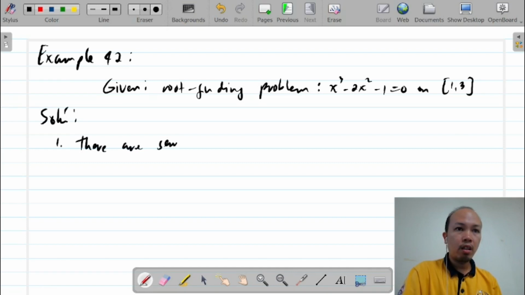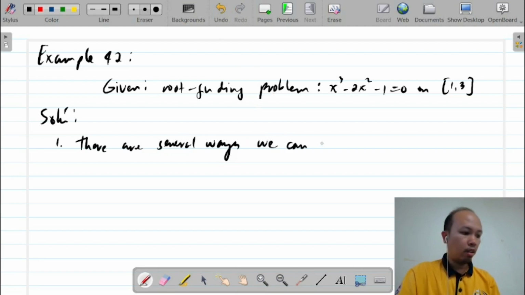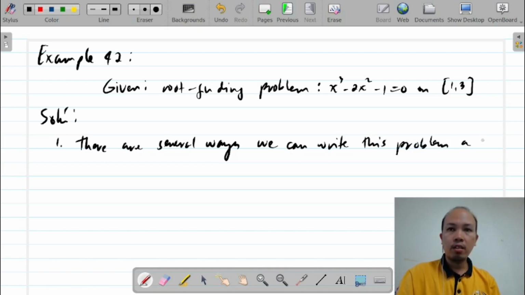There are several ways we can write this problem as g of x is equal to x.